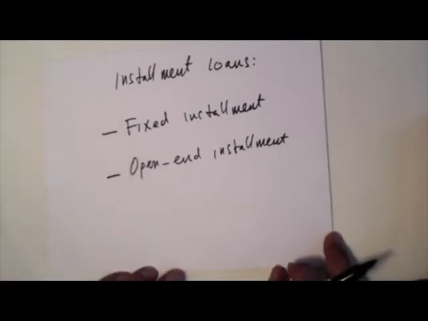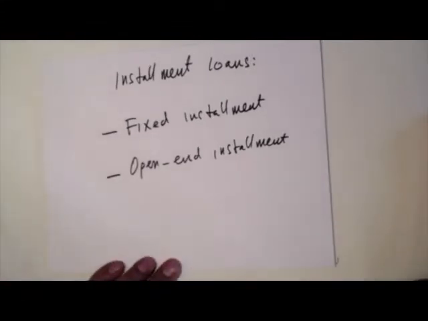Some definitions. There are two types of installment loans: fixed installment and open-end installment. With the fixed installment, basically a person will buy something and agrees to pay a given number of payments over a period of time.